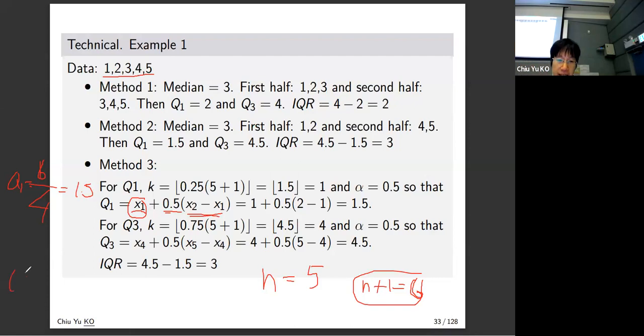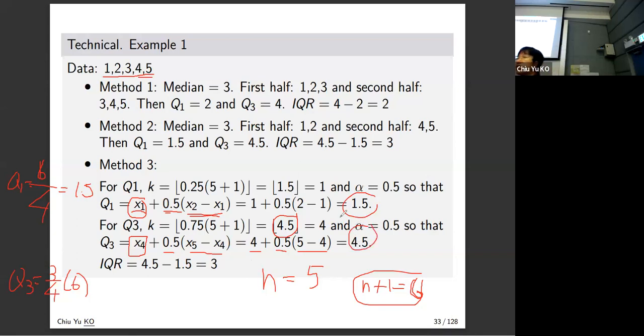And the last one, Q3 is 3/4 of 6, right? Which is 4.5. 4.5 will be data number 4, the fourth data, halfway between 4 and 5. So that is how you get it. Q1 and Q3 work like this.